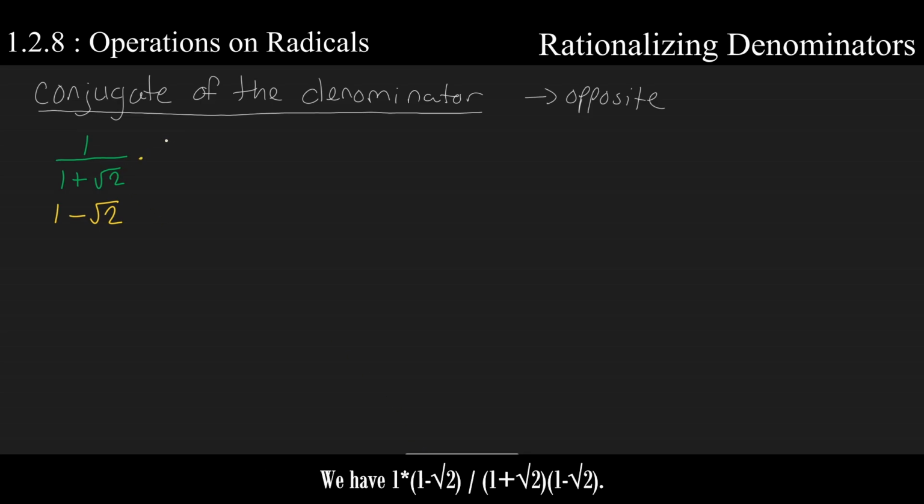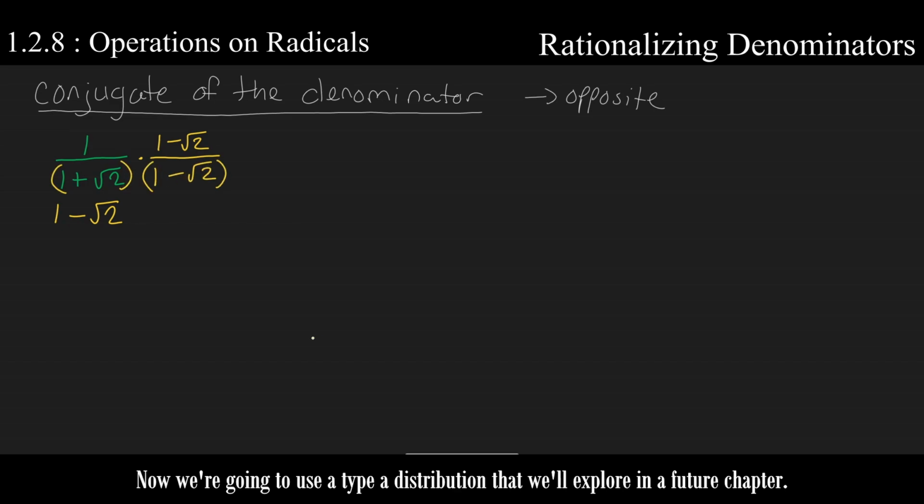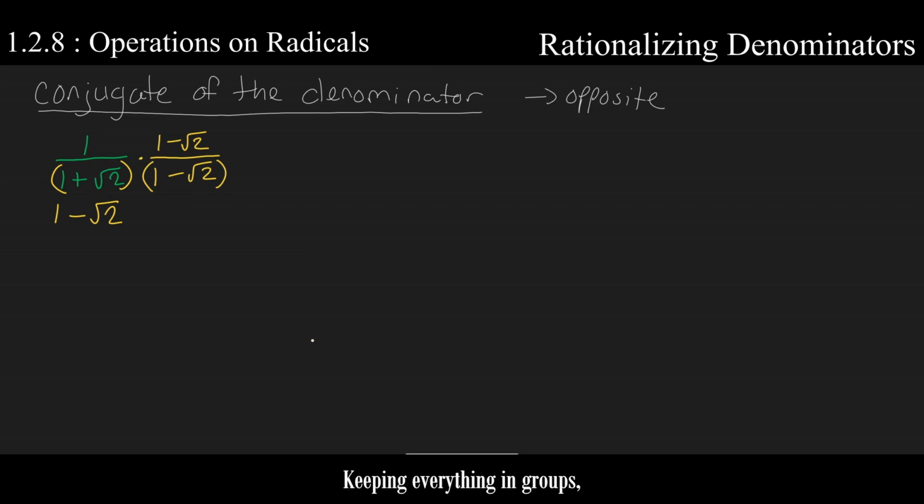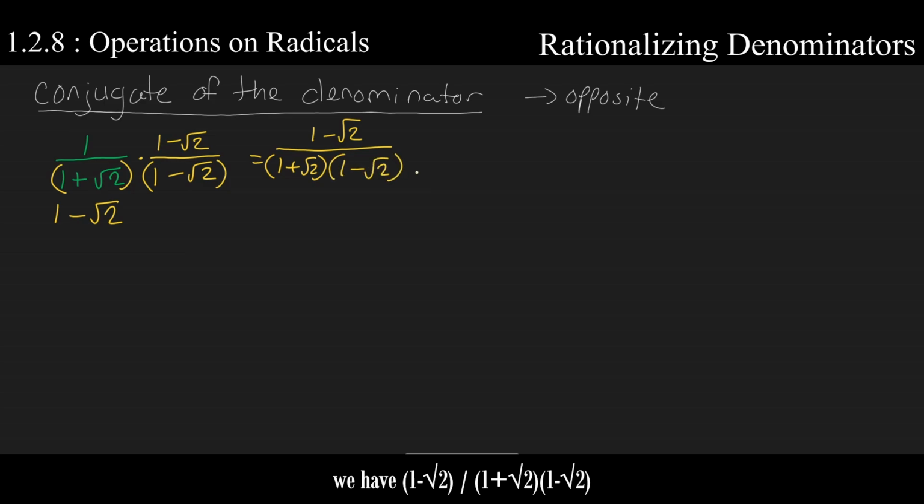We have 1 times 1 minus square root of 2 divided by 1 plus square root of 2 times 1 minus square root of 2. Now we are going to use a type of distribution that we'll explore in a future chapter. Keeping everything in groups, we have 1 minus the square root of 2 divided by 1 plus the square root of 2 times 1 minus the square root of 2.